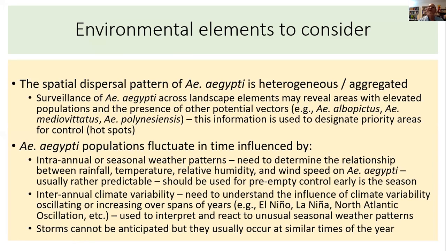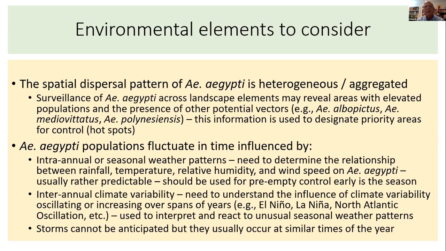Now, the other elements that I like to talk about on the use of surveillance tools is to try to understand better the spatial dispersal of Aedes aegypti because their distribution in space is heterogeneous or aggregated. And that means that you're going to find hotspots or neighborhoods that are hotspots, not only in terms of mosquito density, but also in terms of transmission of arboviruses.